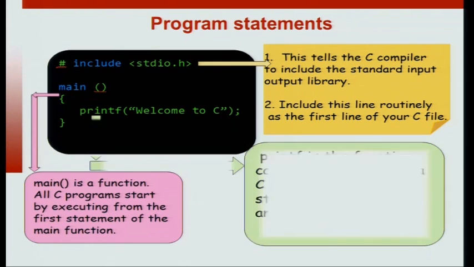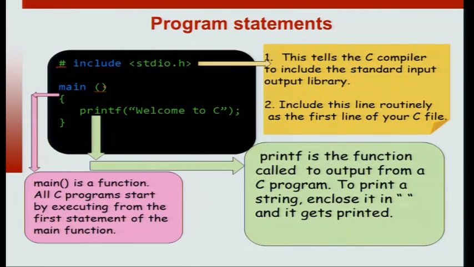Now what does the main function have? It has a single line which says printf welcome to C. So printf is the function called to output from a C program. So to print a particular message, you enclose it in double quotes. So whatever is enclosed in the double quotes will be printed.